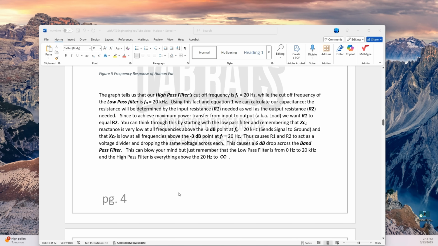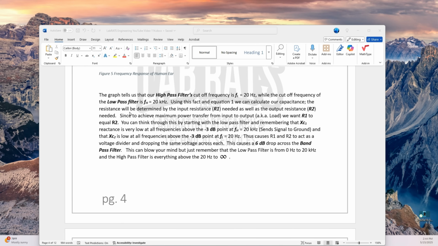The graph tells us that our high pass filter's cutoff frequency is FL equals 20 hertz, while the cutoff frequency of the low pass filter is FH equals 20 kHz. Using this fact in equation 1, we can calculate our capacitance.